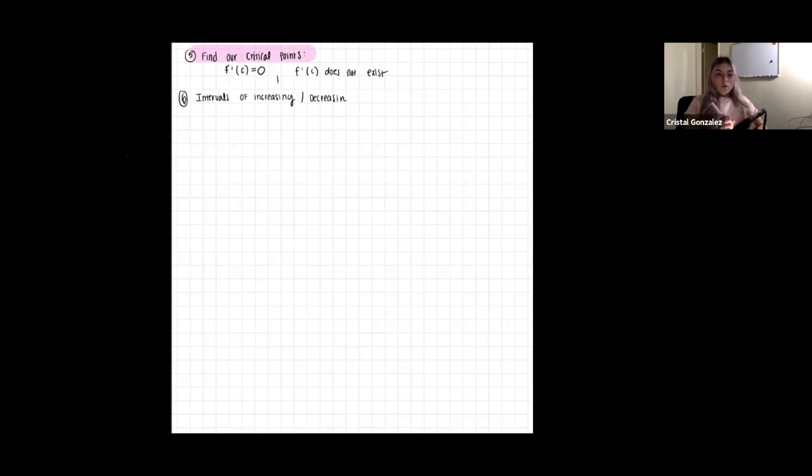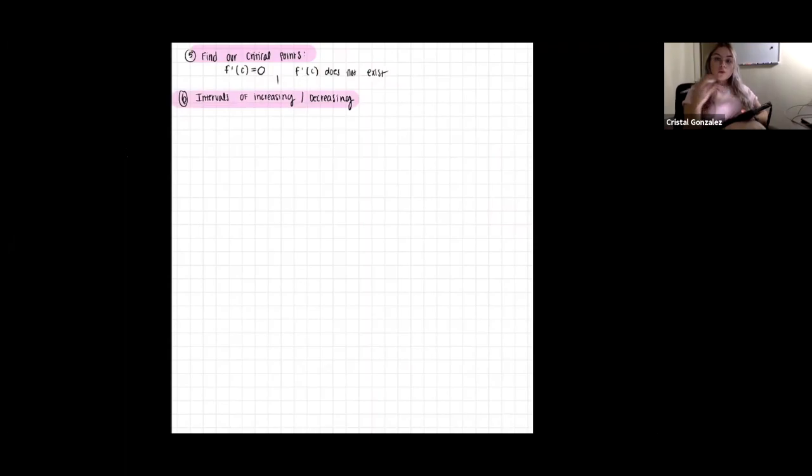And remember that when we find our intervals of increasing and decreasing, we can basically do steps 5 and 6 simultaneously, because it doesn't really matter what order you do 5 and 6 in. Typically, I probably should have put 6 first and then 5, but it doesn't really matter because you kind of do those steps at the same time.